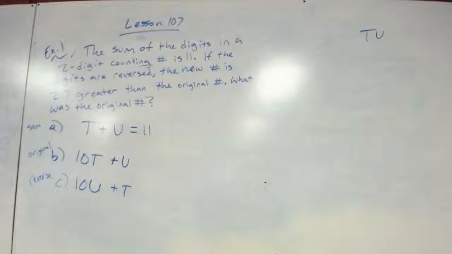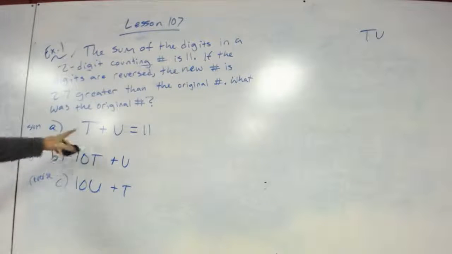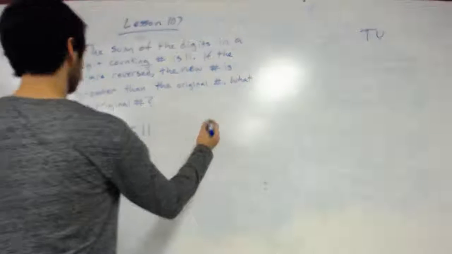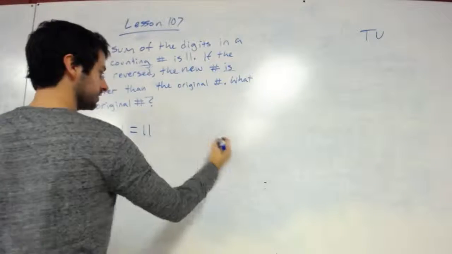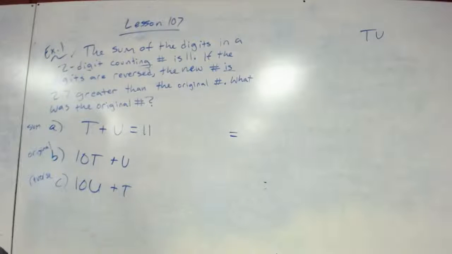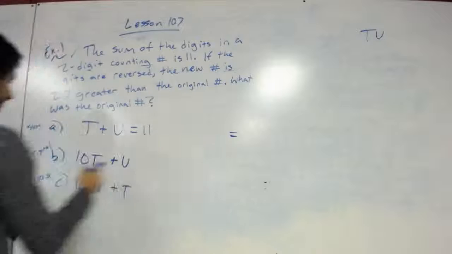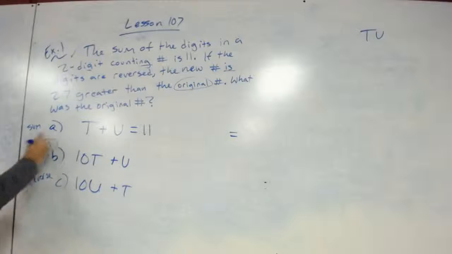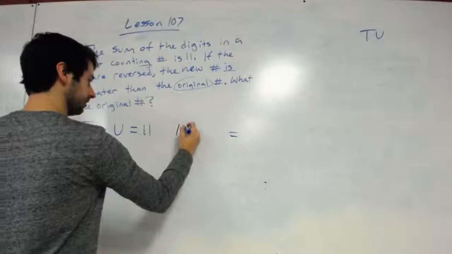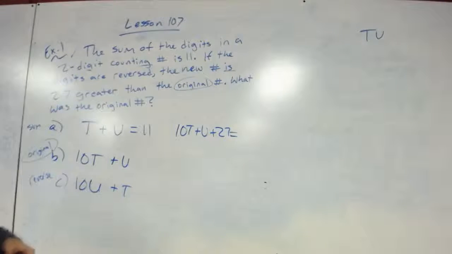We say the sum of the two digits is 11. That's the first part, and that's not actually part of the overall equation. Then it says if the digits are reversed, the new number is 27 greater. So let's look at the new number. Is always means equals. Is 27 greater than the original? The original is 10t plus u, plus 27, since it's 27 greater than the original.